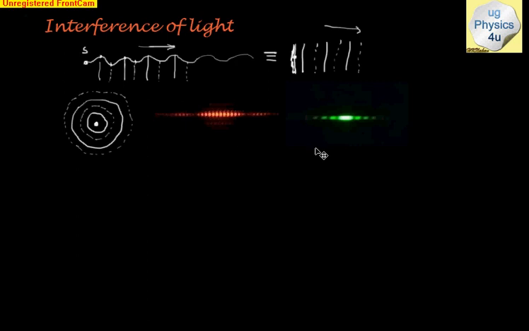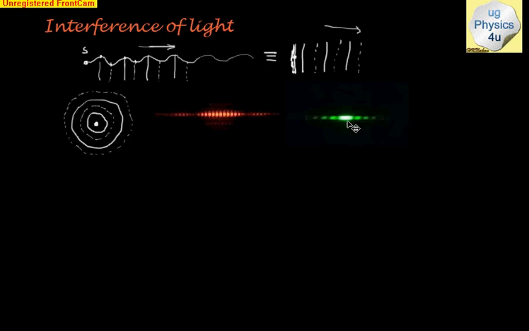Here are two patterns I have taken. One is with pinkish light, the other is with green light, and you can find that the brightness is separated by some dark points. This darkness in the pattern is called a dark fringe, and this bright point is known as a bright fringe.